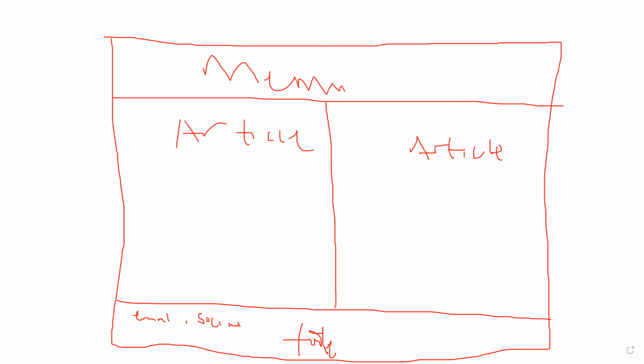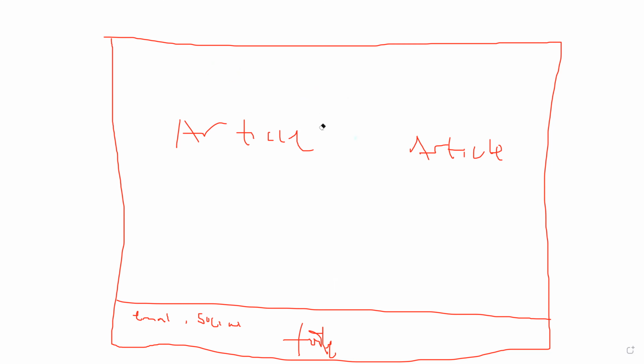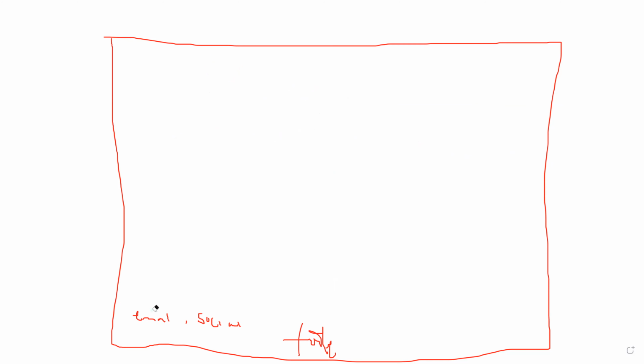So now, coming back to grid. Now, let me clean this internal division first. So let's say we have our container as shown. Now, what grid is doing is this.